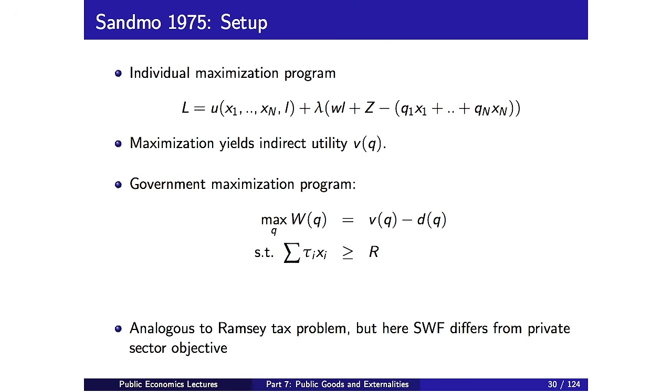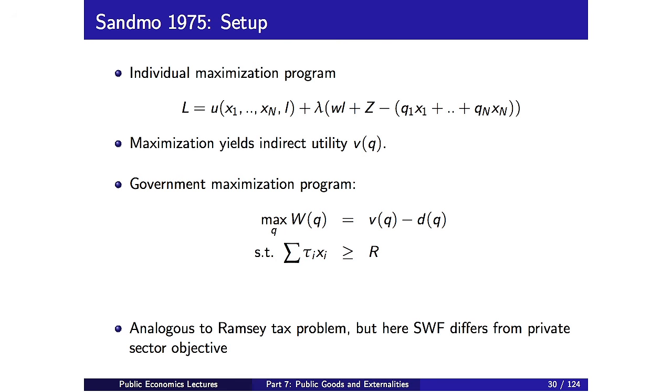You maximize that and you get an indirect utility function v of q, and then you can write the government's problem as max W of q, which is now no longer just v of q as it would be in the Ramsey model, but v of q minus d of q, subject to the revenue requirement, sum of tau_i x_i greater than or equal to R.